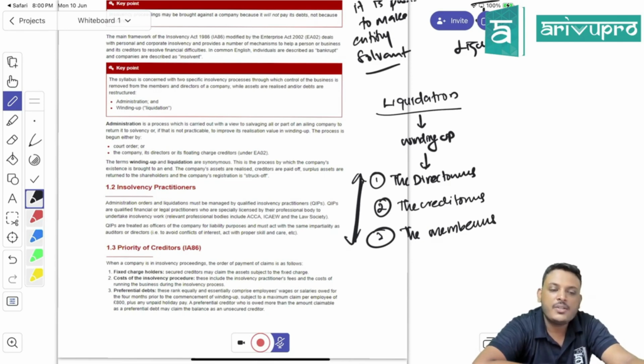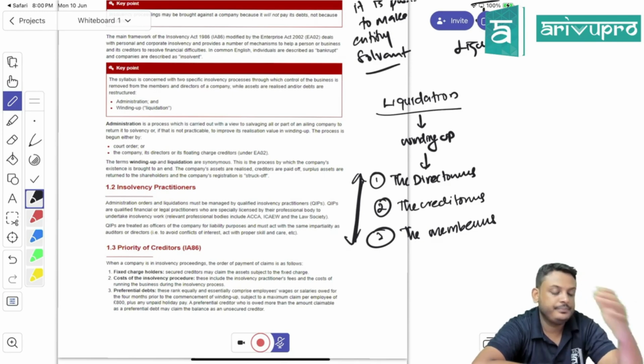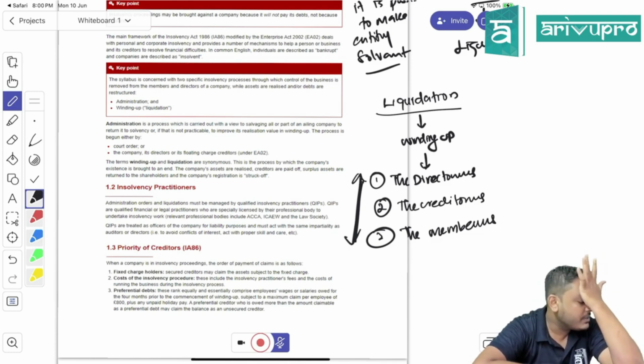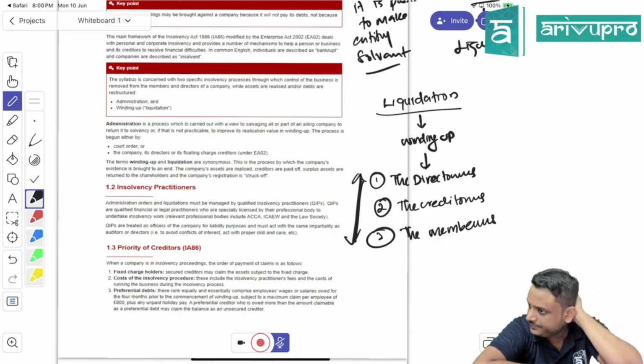So as I said, creditors can also make it a winding up, but through the courts. Members may decide to wind up the business after directors' consultation.